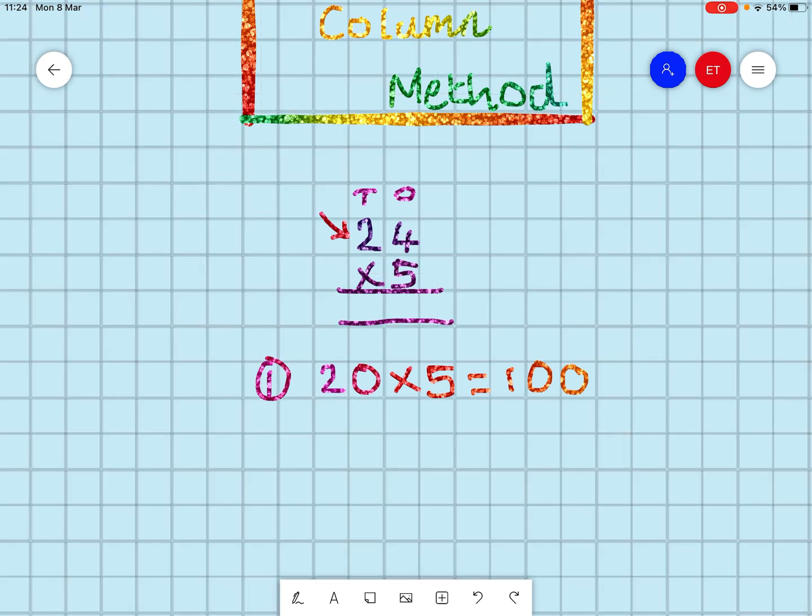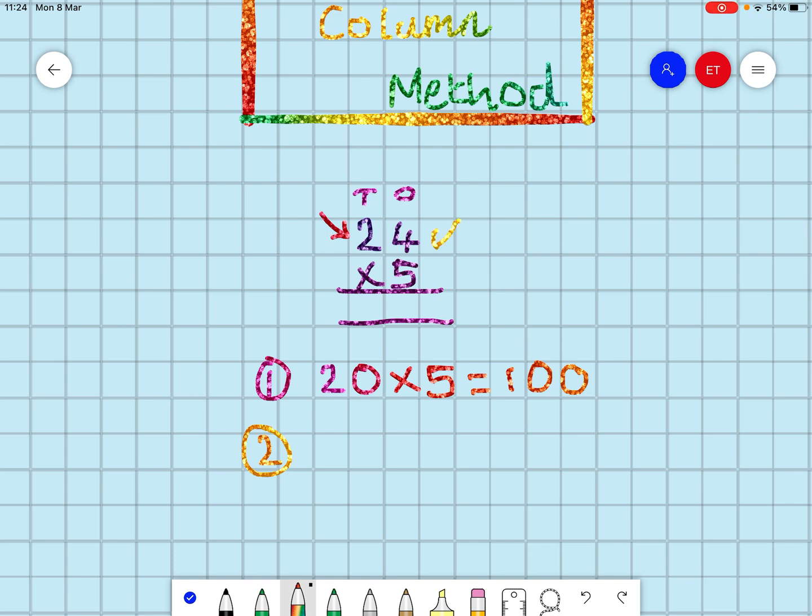Then our next step is going to be multiplying the ones. So 4 times 5 is 20. And then our last step is to add these together.